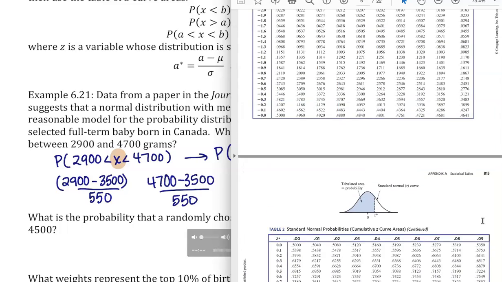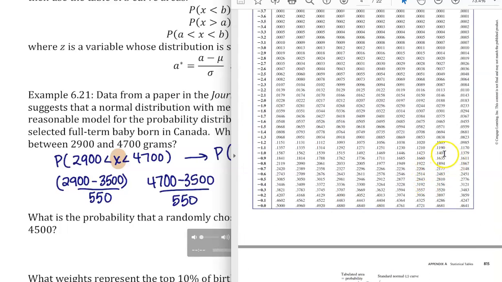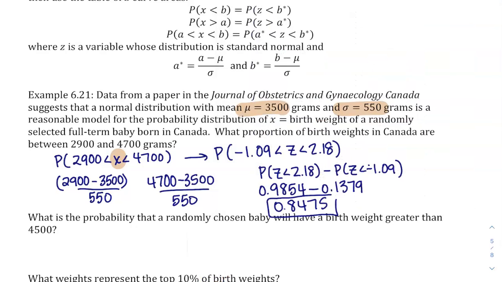And then negative 1.09 is here at 0.1379. We do that subtraction, and our final answer is 0.8475. So what does that mean? Well, here we would expect about 84.75% of babies to be between 2,900 and 4,700 grams.